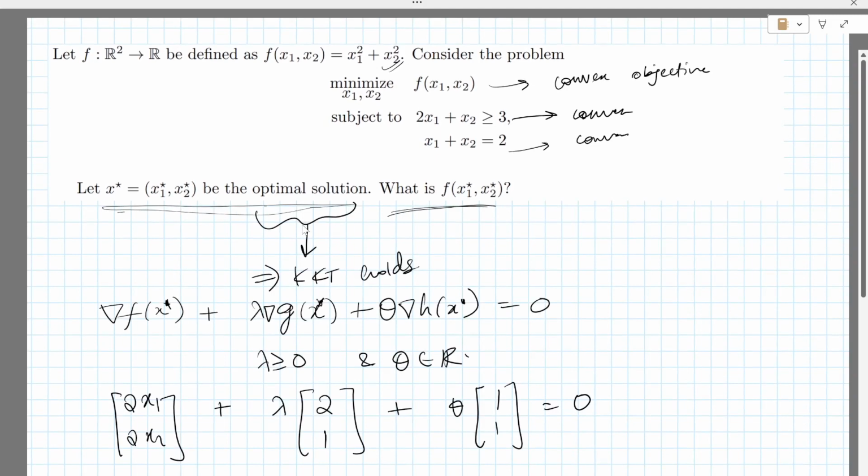Okay, here it should be minus, because I need the constraint to be a less than or equal to inequality.